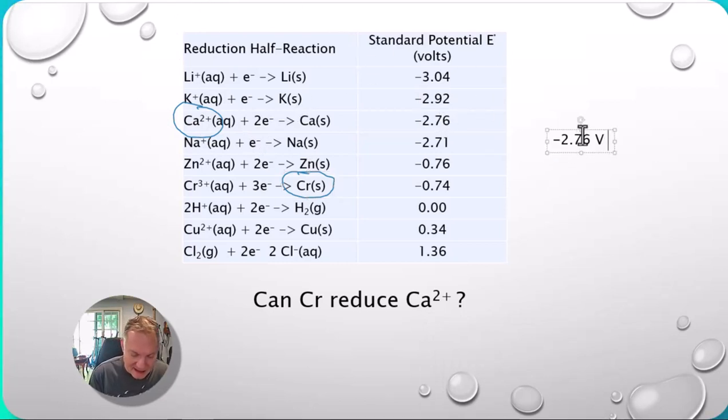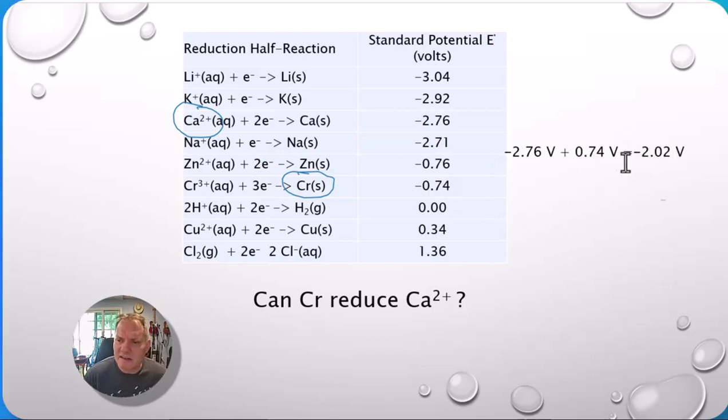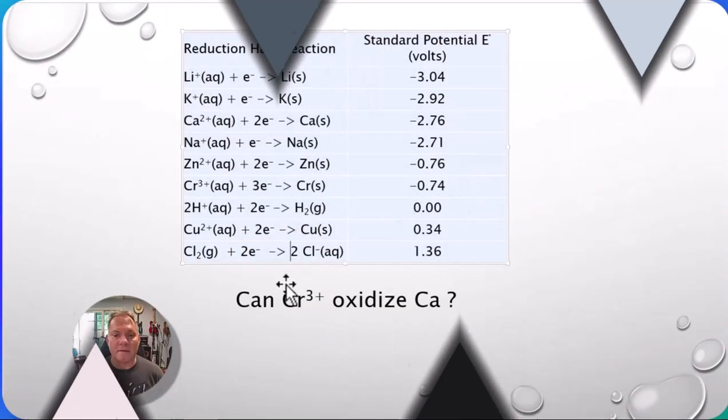And I'm going to add that to the voltage for the oxidation of chromium, which is positive 0.74 volts. And so what I get here is a negative 2.02 volts for this particular reaction. Is it spontaneous? Well, it's got a negative potential. If you have a negative potential, that's not good, right? That's not going to happen on its own. It is a non-spontaneous reaction. Chromium cannot reduce calcium.